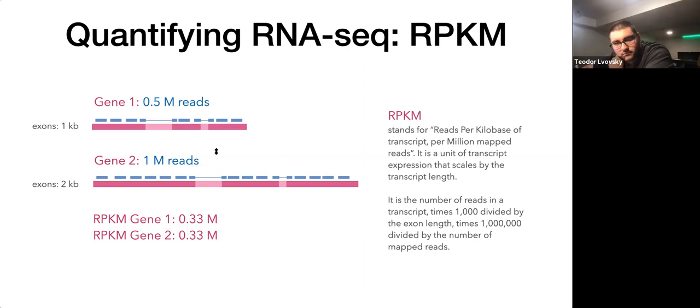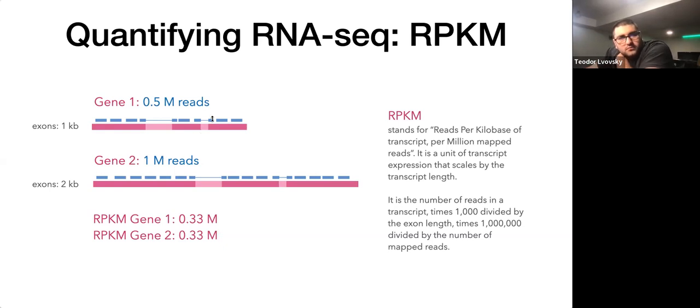If the tiling is the same density, intuitively you'd say they have the same expression. Even though that gene has got twice as many reads as gene 1, it's not because the expression is twice higher. It's just because it's twice longer, and it's those extra reads that contribute to multiplying the number of reads by 2. It's not that you got more density over the same length.